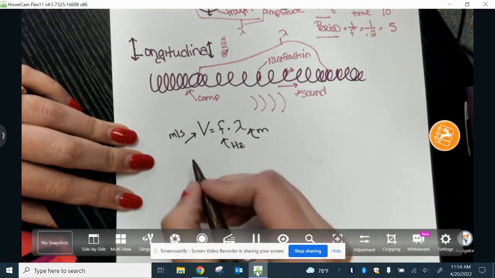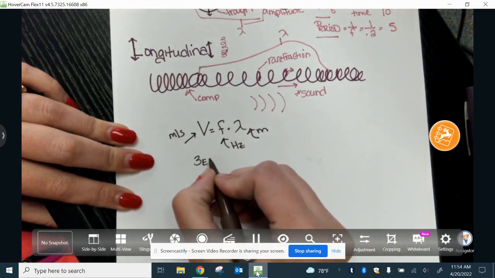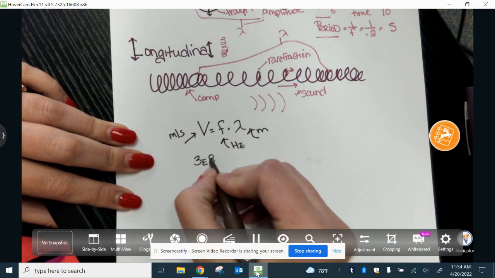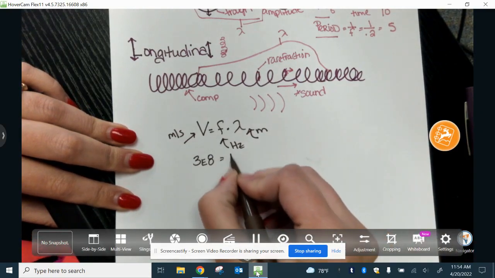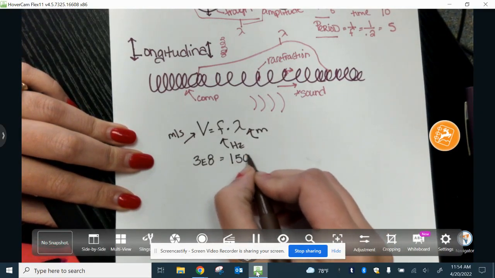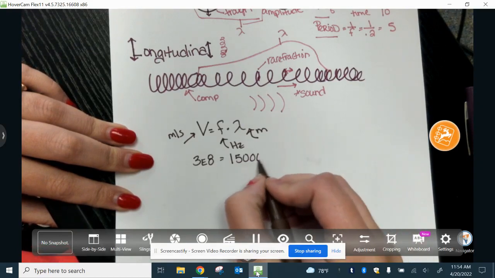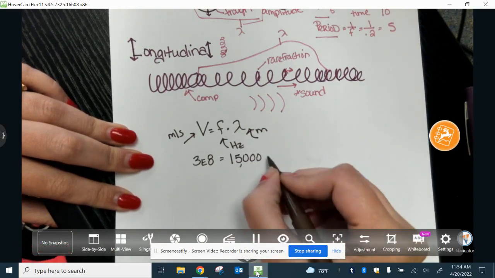So you could see something where like light has 3 times 10 to the 8th meters per second velocity is equal to 15,000 hertz.